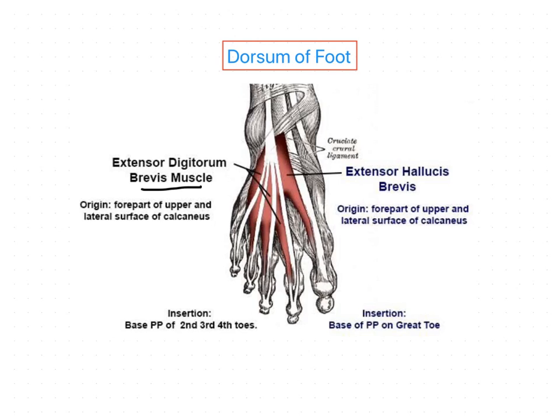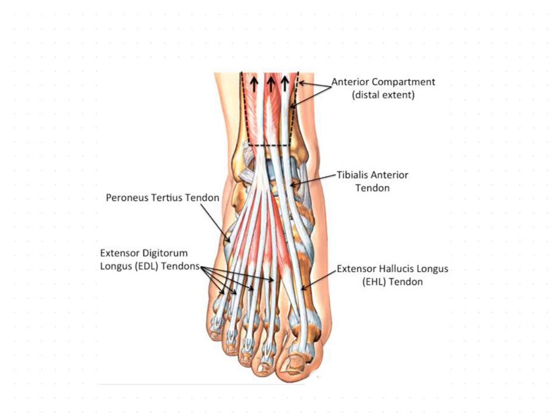Extensor digitorum brevis muscle, and the dorsum also includes some tendons which are coming from the anterior aspect of the leg. One is the tibialis anterior tendon, the next is the extensor hallucis longus tendon, then the tendons of extensor digitorum longus, and then the peroneus tertius tendon.